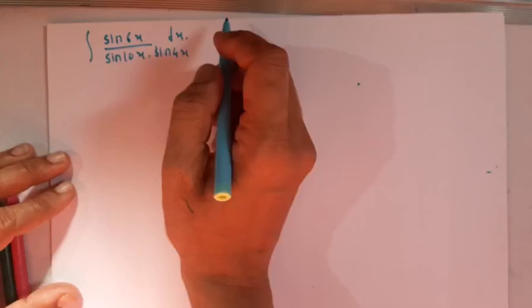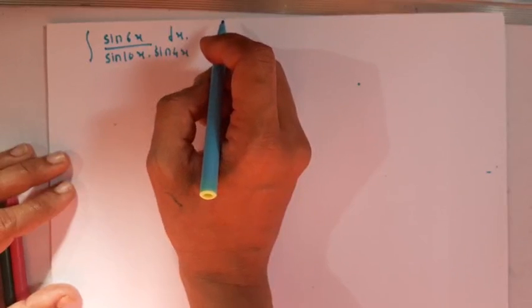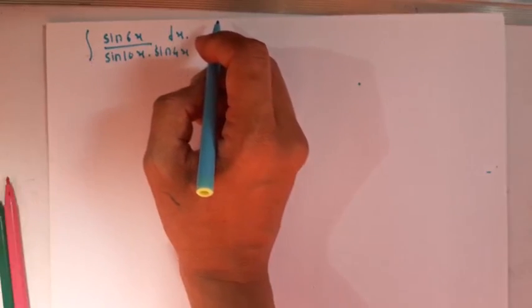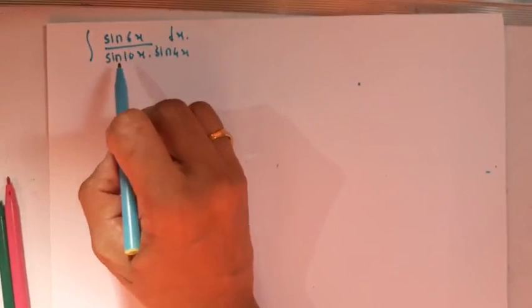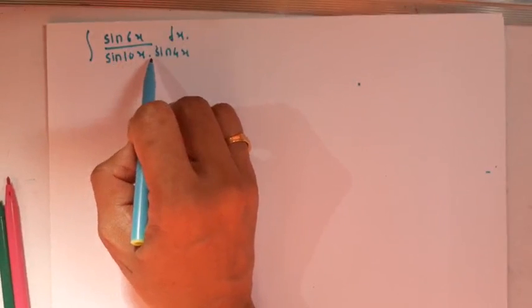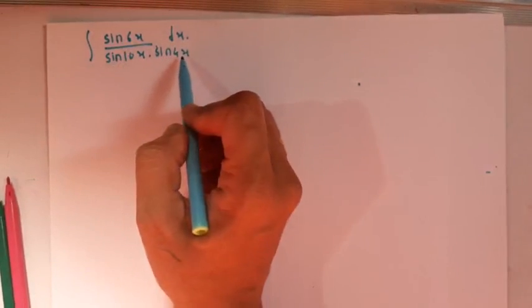Okay students, we have to solve the problem: sin 6x upon sin 10x into sin 4x.